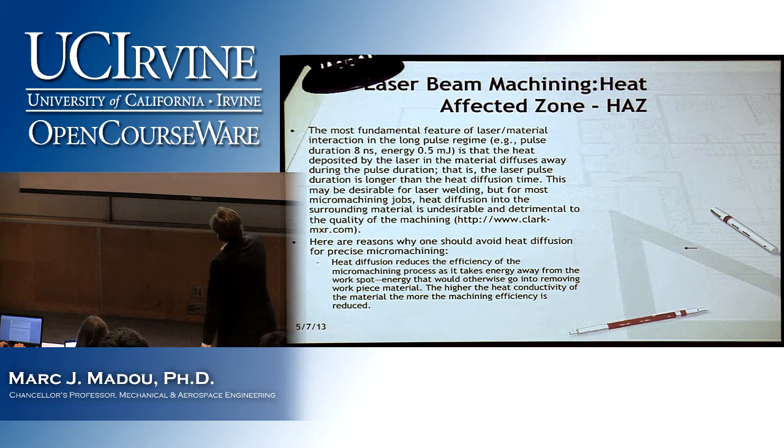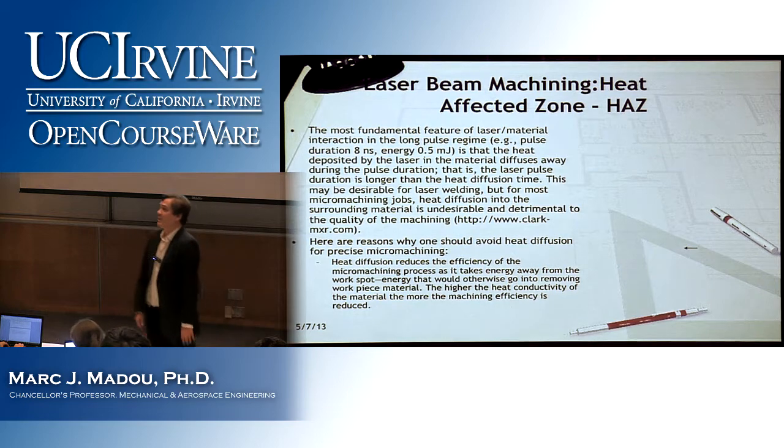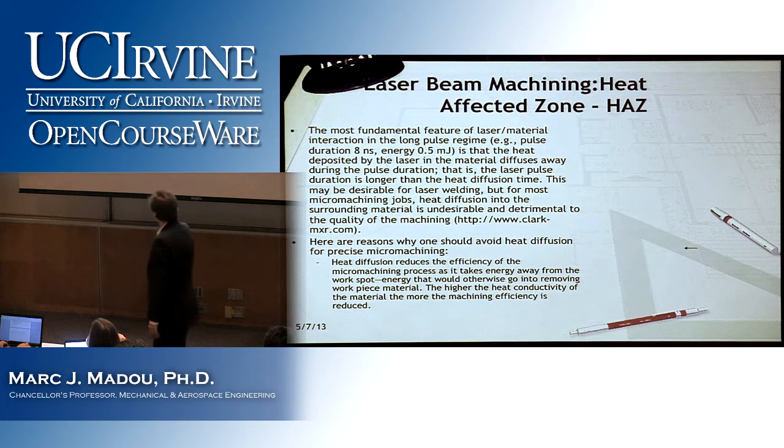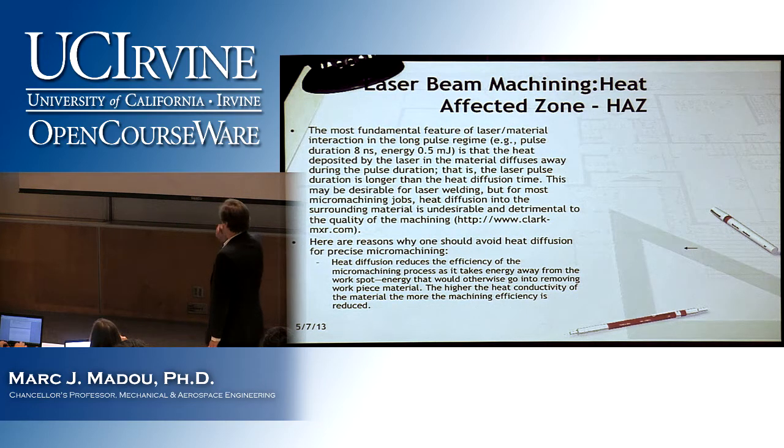So the laser pulse duration is longer than the heat diffusion time. This may be desirable for laser welding, right? Because in laser welding, actually you want to heat and melt the whole thing. You're not looking at sharp machining, right? So this may be desirable for laser welding, but for most micro machining jobs, heat diffusion into the surrounding material is undesirable and can be detrimental to the quality of machining.